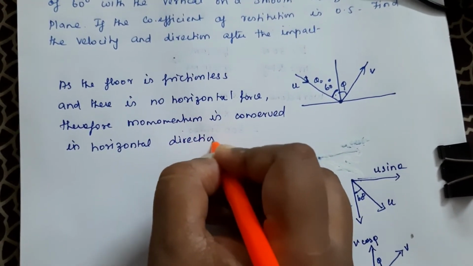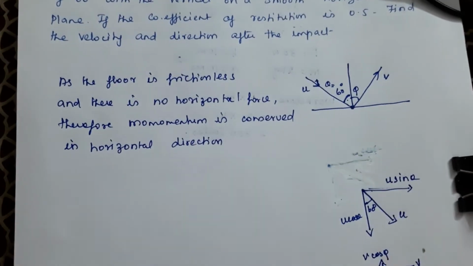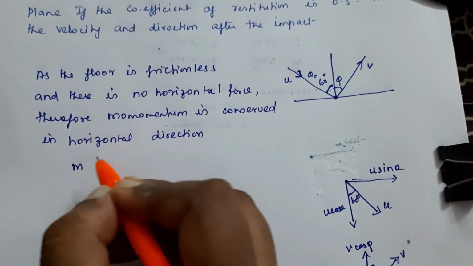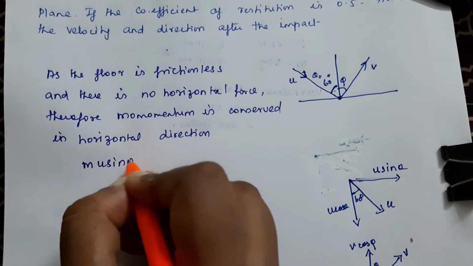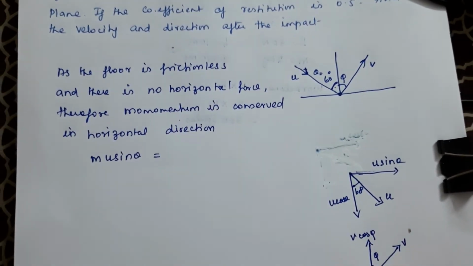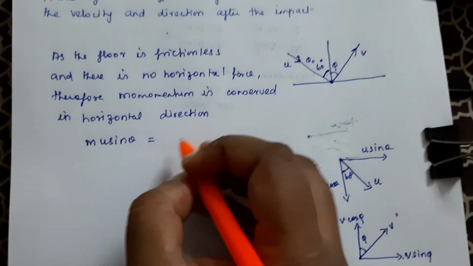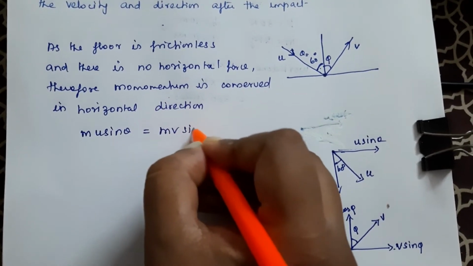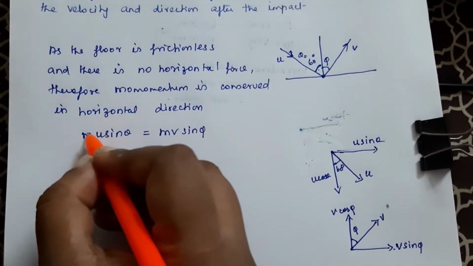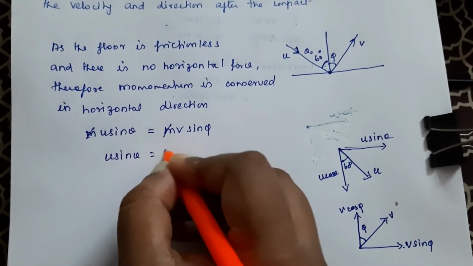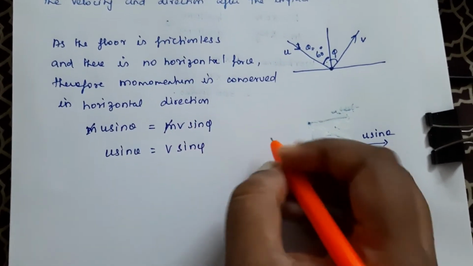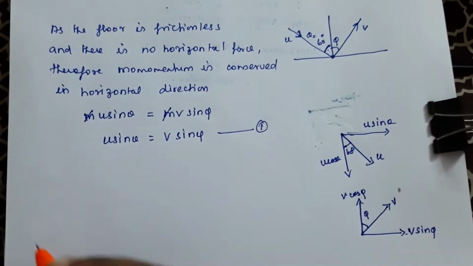So we can write the momentum before collision, that is mass into velocity. Velocity is u sin theta in horizontal direction, equal to, after impact, v sin phi. So it is m v sin phi. So m and m will get cancelled. So we can write u sin theta is equal to v sin phi. So this is equation number 1.